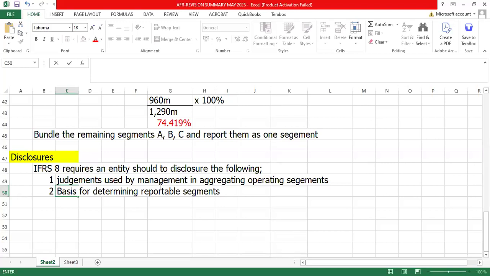The users want to know, did you base on revenue? Did you base on assets? Did you base on profit or loss? So you need to tell us the basis, whether assets, revenue, or profit or loss parameter.